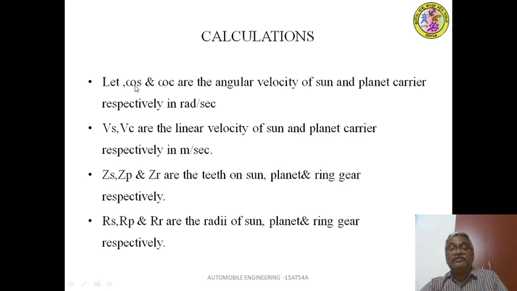Omega s is the angular velocity of the sun wheel, omega c is the angular velocity of the carrier. Vs and Vc are the linear velocity of sun and planet carrier in meters per second. Zs, teeth on sun gear, Zp, teeth on planetary pinions, Zr, teeth on ring gear. Rs, radius of sun gear, Rp, radius of planetary pinion, Rr, radius of ring gear.